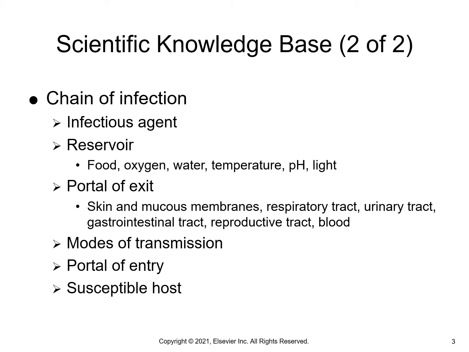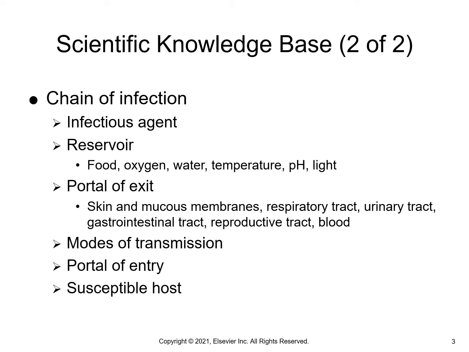Then they find a portal of entry to enter into the host, and usually the host is us, and if that host is susceptible, that means they are in a vulnerable situation, they have comorbidities, they have an open wound. That means that the infectious agent will move from its reservoir to live now in that host.